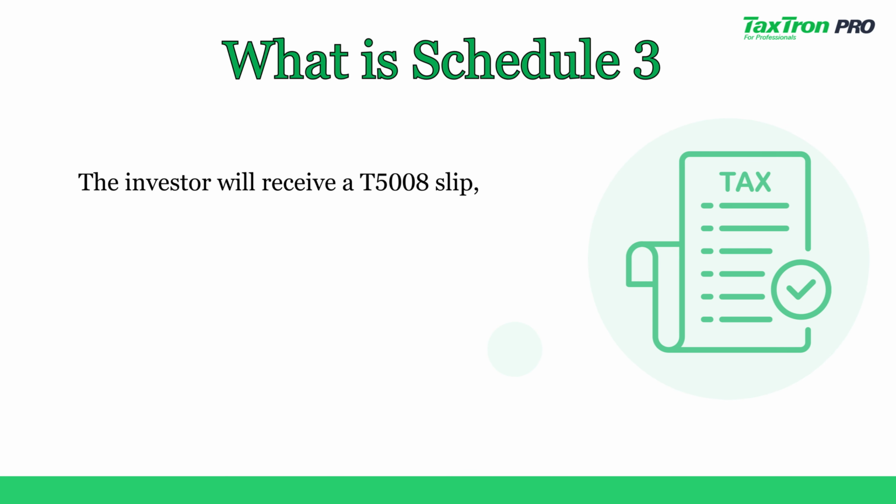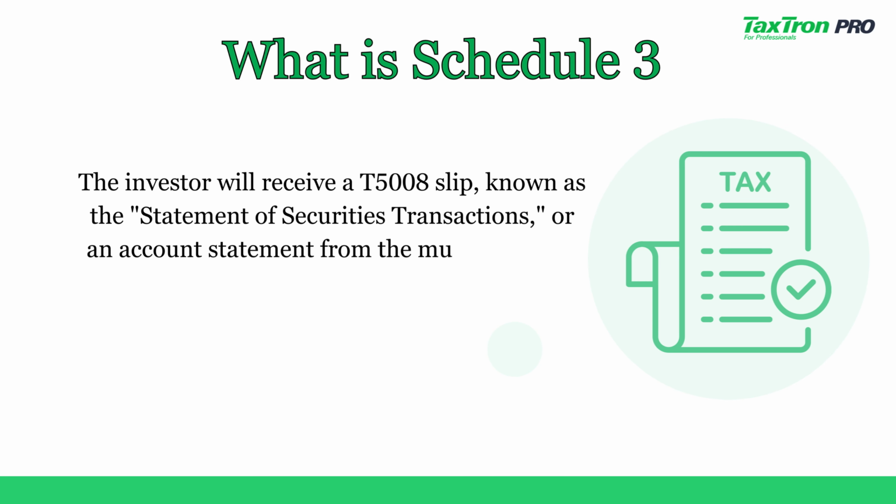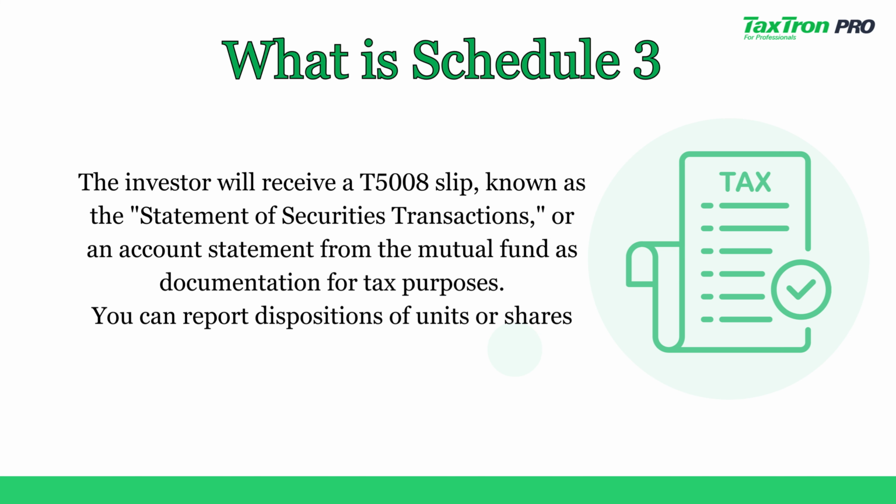The investor will receive a T5008 slip, known as the Statement of Securities Transactions, or an account statement from the mutual fund as documentation for tax purposes. You can report dispositions of units or shares on lines 13199 and 13200 of Schedule 3.